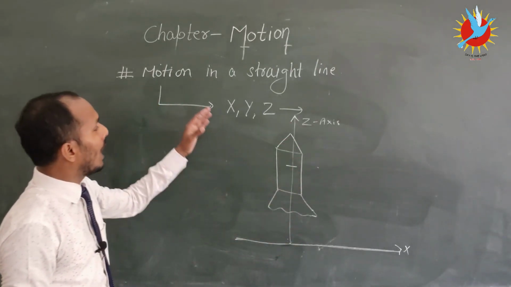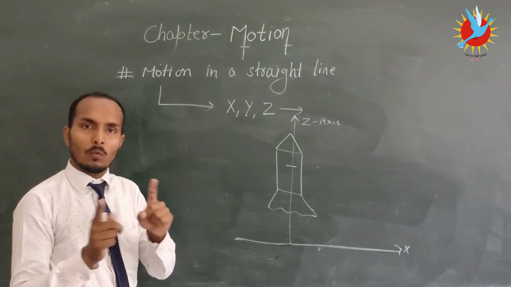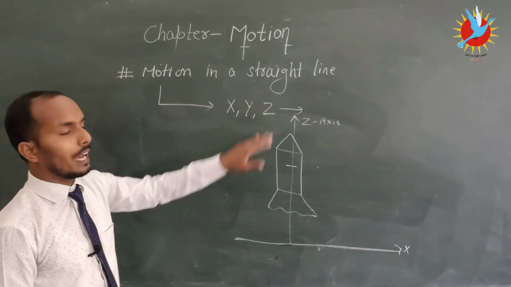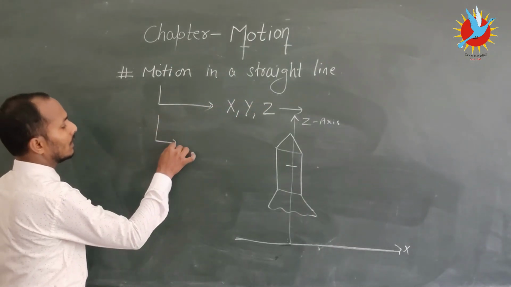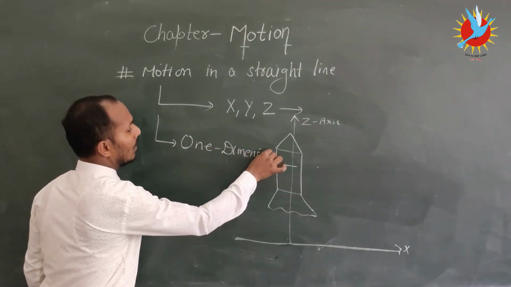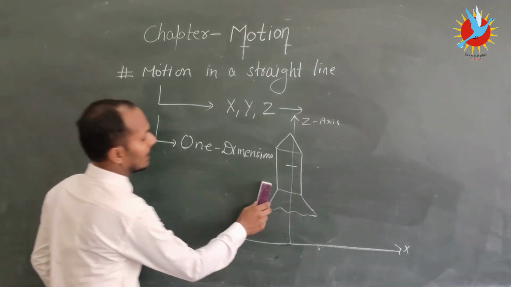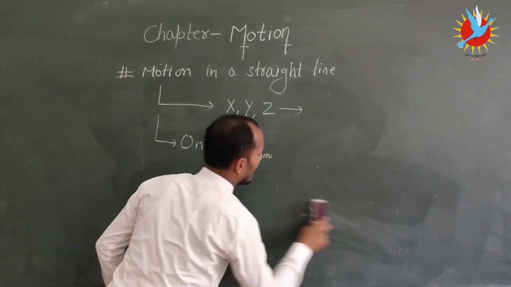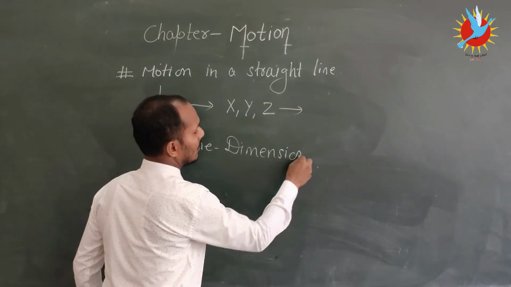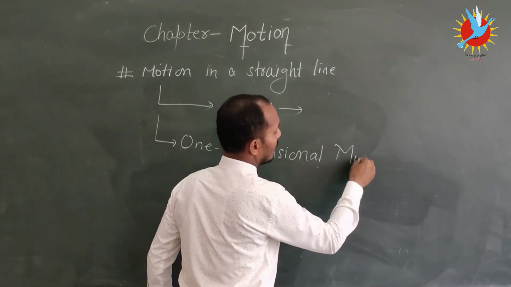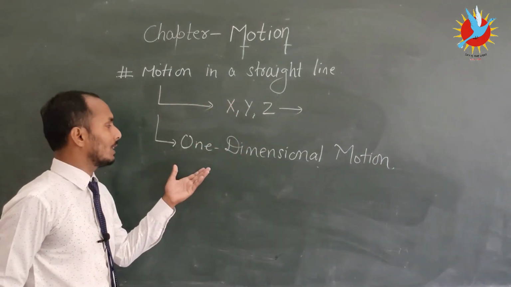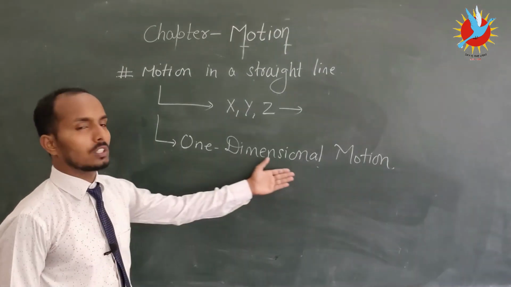So out of these three axes, if only one axis changes its position, you can say that it is motion in a straight line. You can also say that this is one dimensional motion. So what is motion in a straight line, or one dimensional motion?